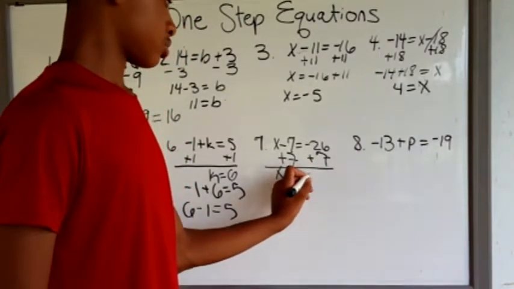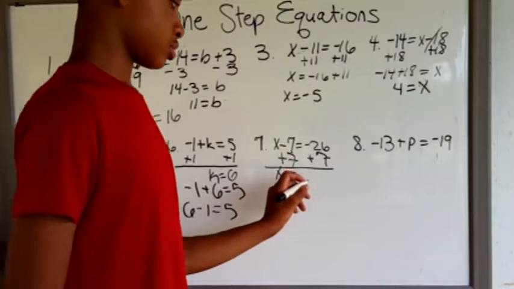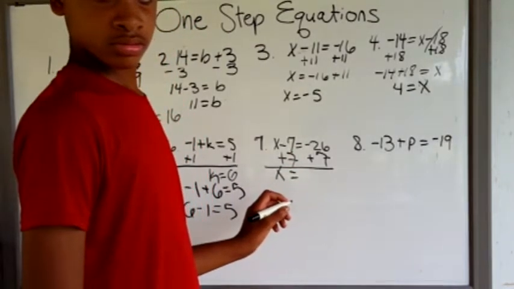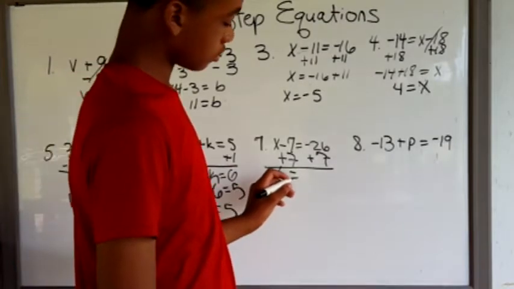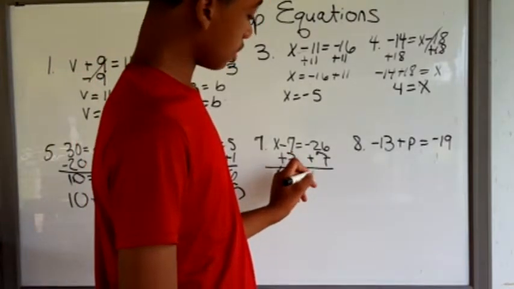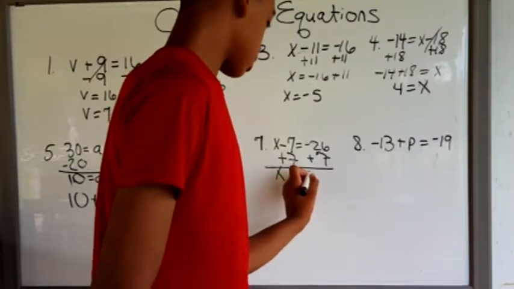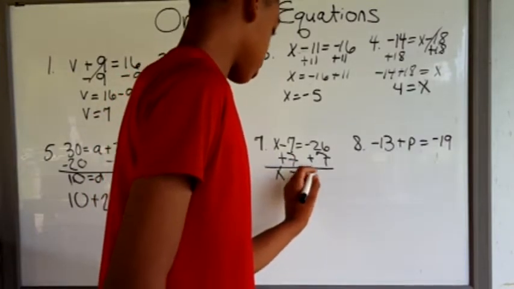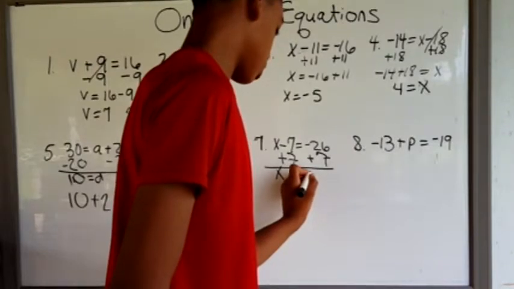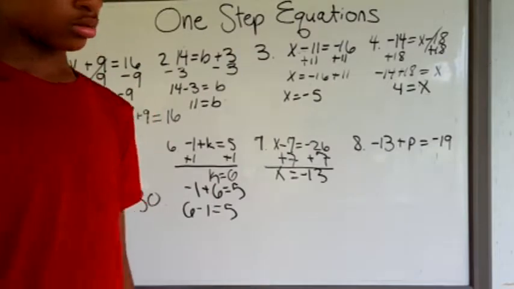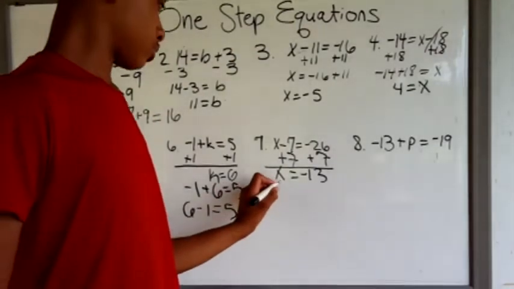You have to pay attention to your signs. Don't just get rid of them. Negative 26 plus 7 equals... Alright, negative 26 plus 7 equals negative 13.